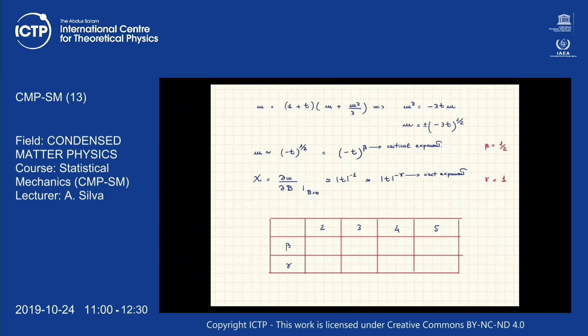Alright, let's start with 2 dimensions. In 2 dimensions, the model is exactly solvable. It was solved exactly by Mr. Onsager, and you know that it can be exactly solved because I told you that the transfer matrix is equivalent to the one-dimensional quantum Ising chain, which is an integrable model, etc. That you know. You can impress your friends by saying this. Now, the beta and the gamma can be calculated exactly, and you get out 1/8 and 7/4.